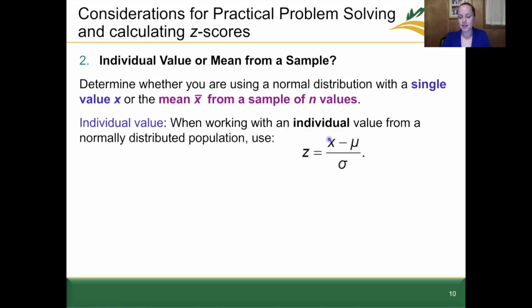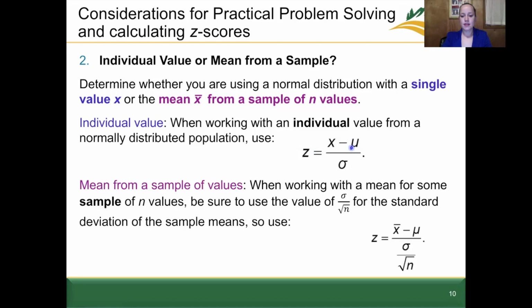We have seen this before in chapter 6. If, on the other hand, we're working with a mean or x bar from a sample of n values, instead we're going to use this value for the standard deviation. When we plug this in, we get z is equal to x bar minus the population mean, or mu, over our definition of the standard deviation.